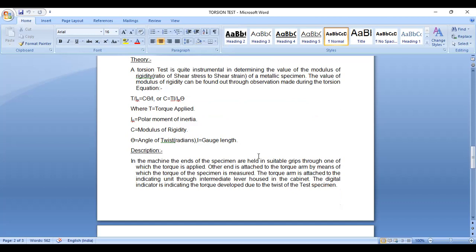One vice is fixed, and the other vice is rotating, which applies the torque to the specimen. The other end is attached to the torque arm, by means of which the torque on the specimen is measured. The torque arm is attached to the indicating unit through the intermediate lever housed in the cabinet. The digital indicator indicates the torque developed due to the twist of the specimen.